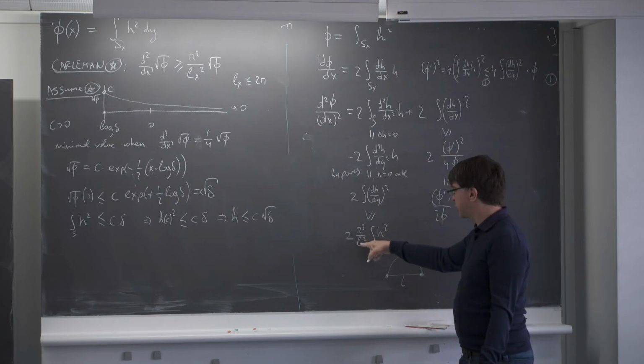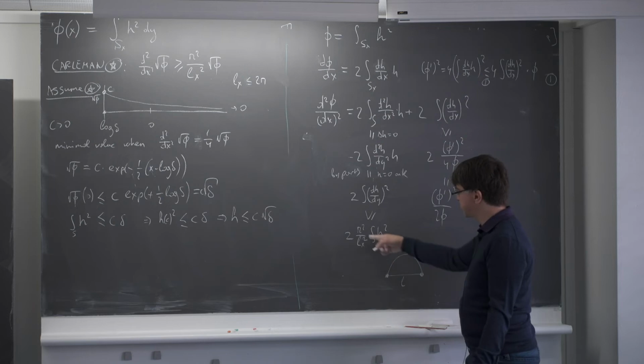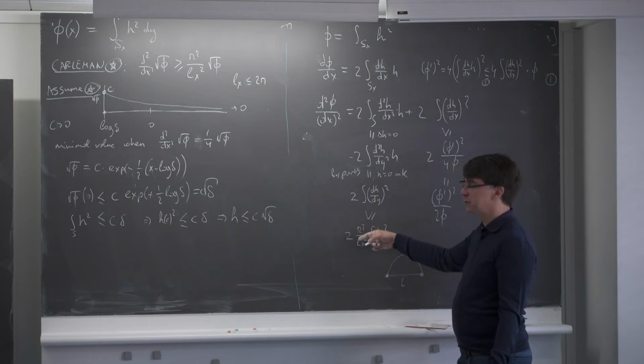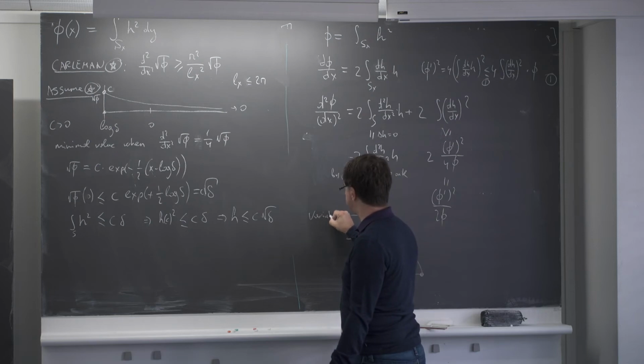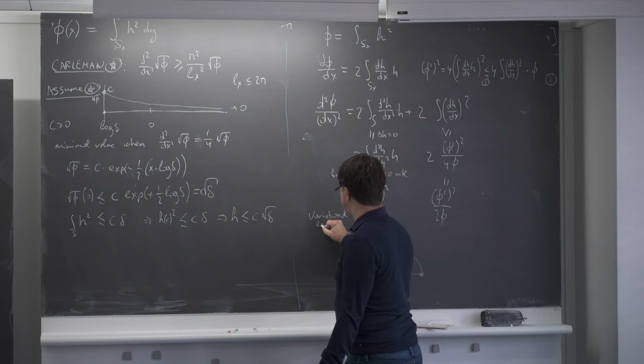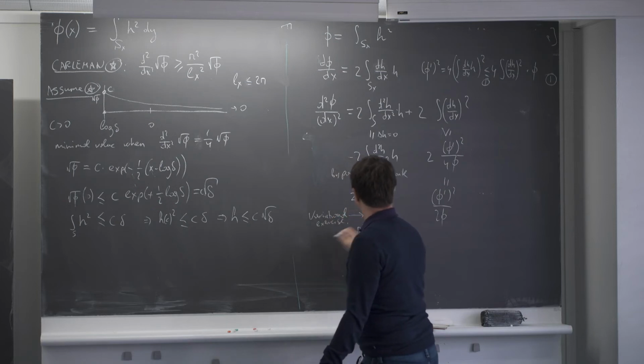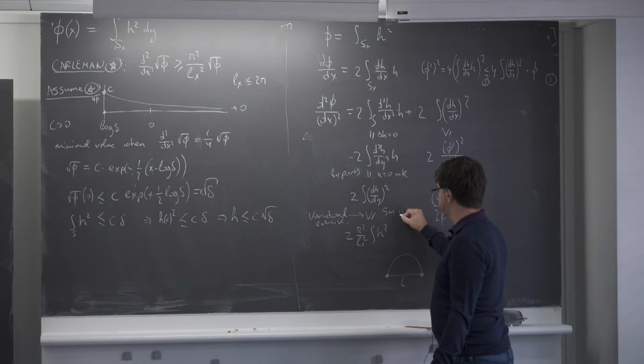And here, because it's a sine function, you get pi out of it. So this is, let's say, a variational exercise. Sine is the optimal function.